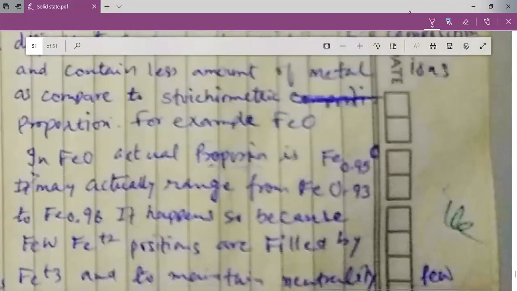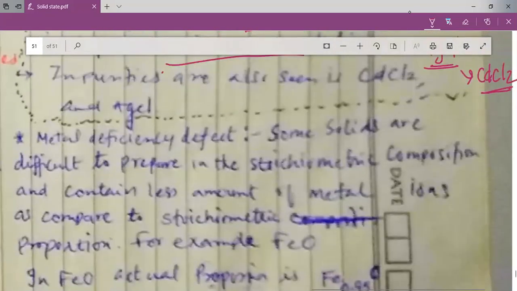In the same way, my dear students, we can have the metal deficiency defect. This metal deficiency defect is created when we are doing the crystallization of iron(II) oxide, FeO.